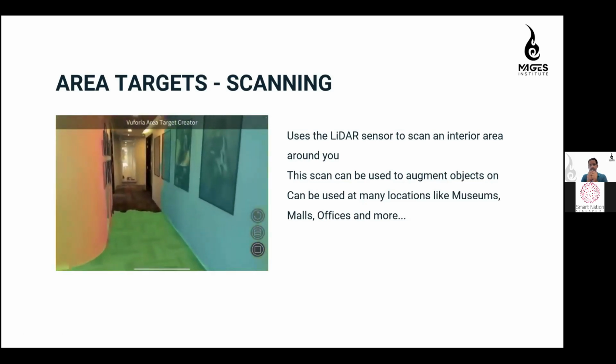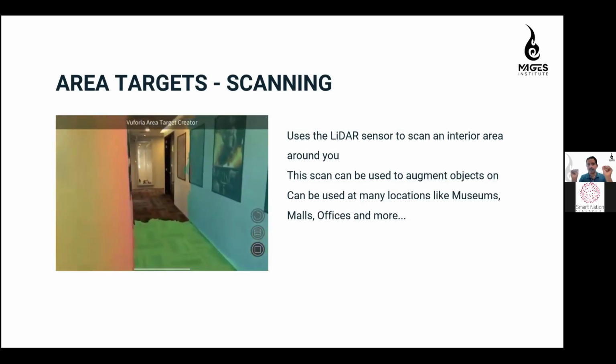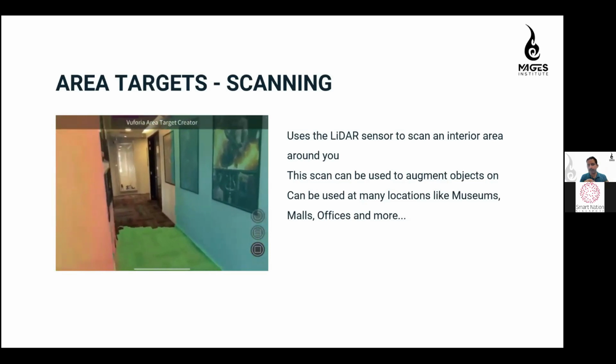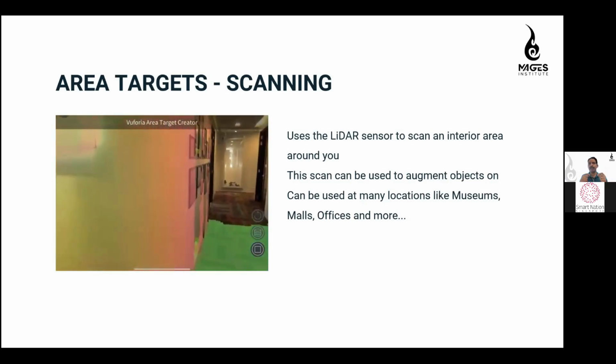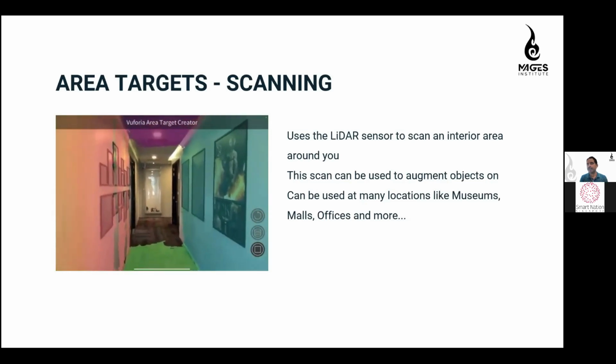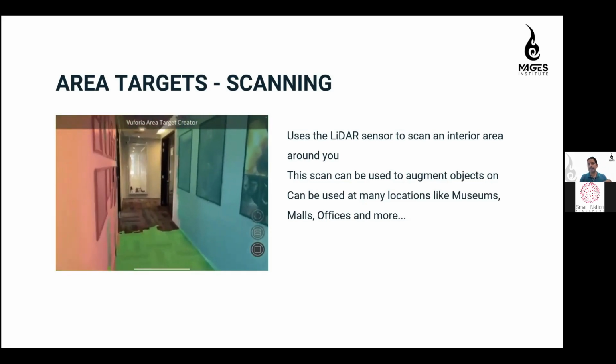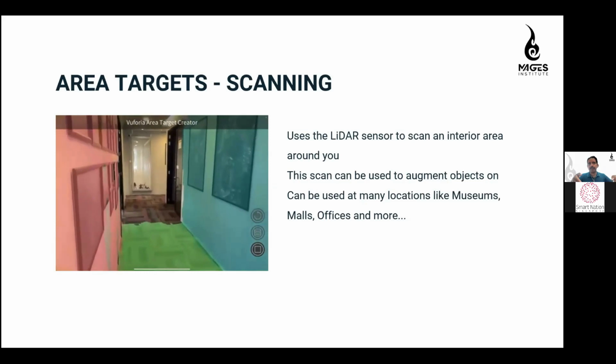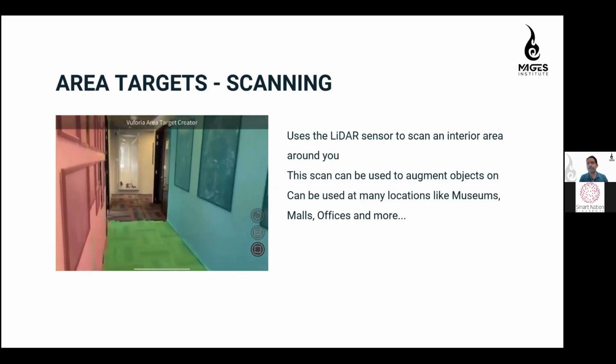You start walking around, and it starts to look around the surface. Whatever you see, those green, blue, and all those things, it is understanding the environment around it. Once it understands the environment, you can then pop up any additional information you want. It can be a 2D text, it can be a 3D model, completely up to you.